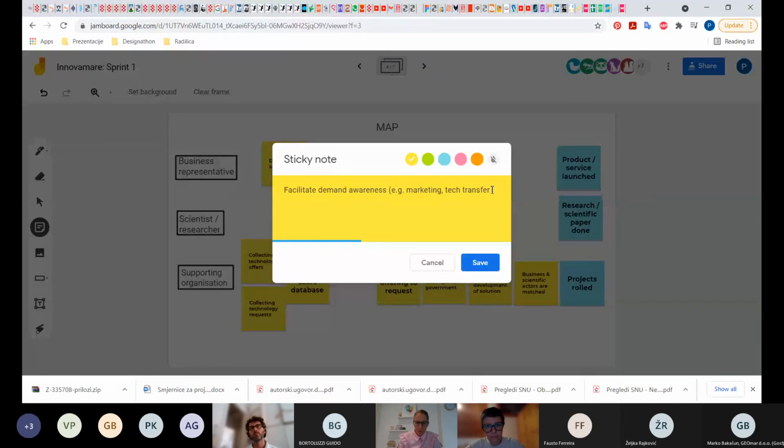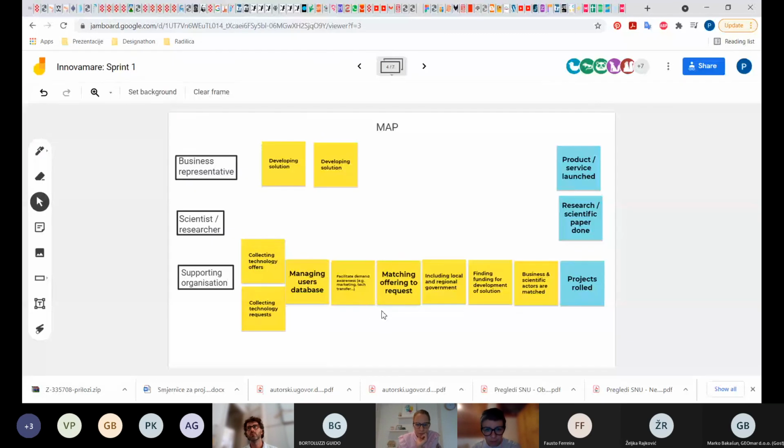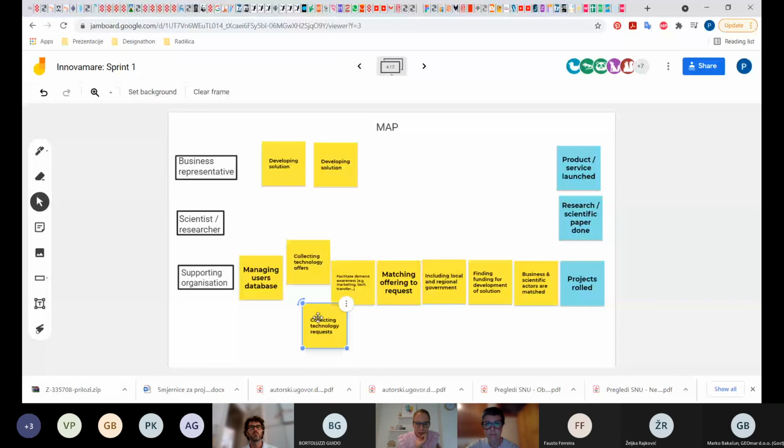Okay. So probably it's a step which is not after the matching, it is before collecting technologies, offers and requests. Actually, maybe this would be managing the user database, and then we are collecting, but during this collecting also facilitating.